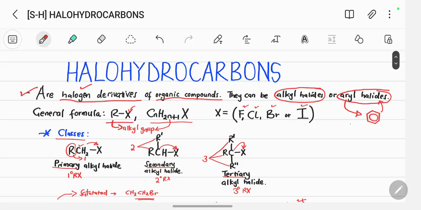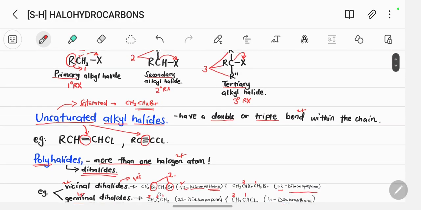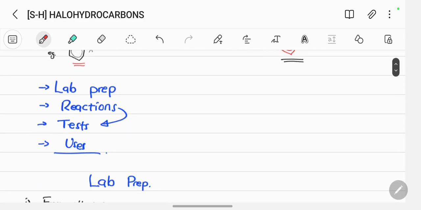I consider this topic as now a gone case. We've seen the lab preparations. The lab preparations were few, but the reactions are very many.